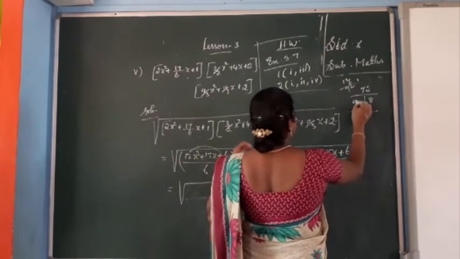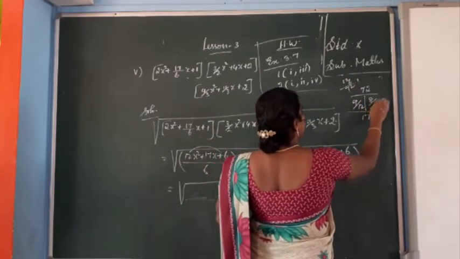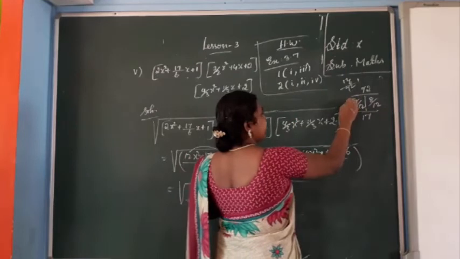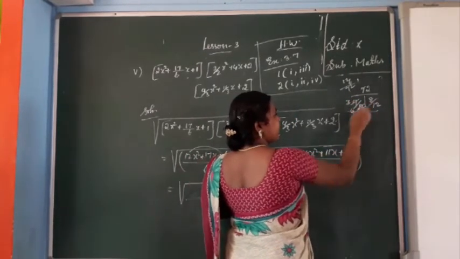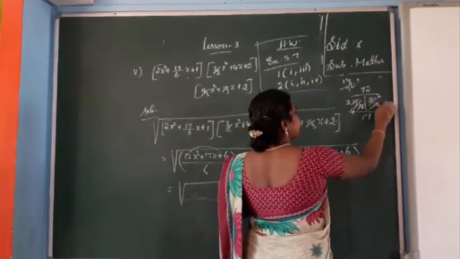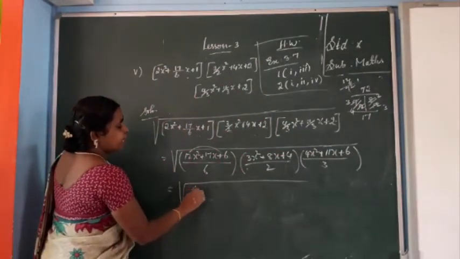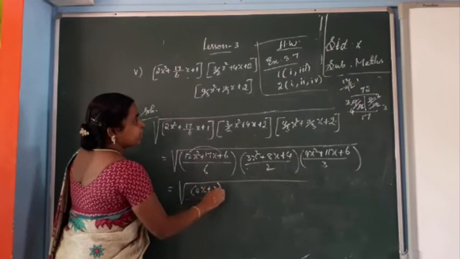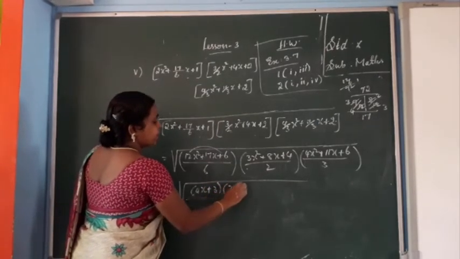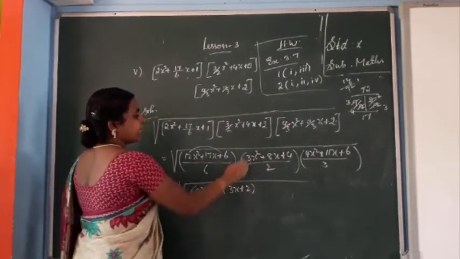So the coefficient of x square is 12, so divide by 12. Now we simplify. 3 3s are 9, 4 3s are 12. Here 2 4s are 8, 3 4s are 12. Can you say the factor? So 4x plus 3 into 3x plus 2. Okay, the next one you factorize.